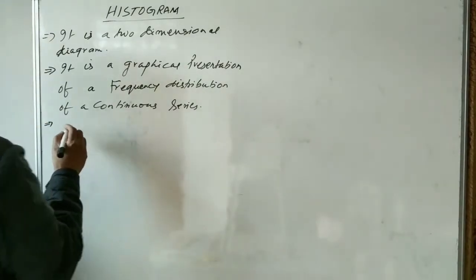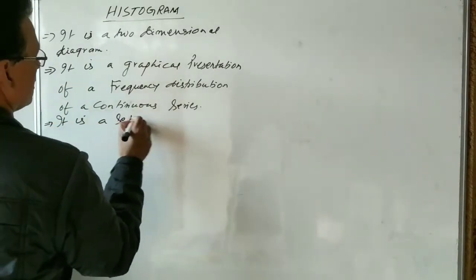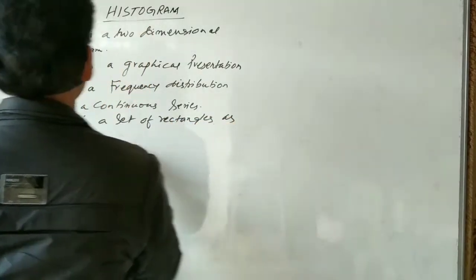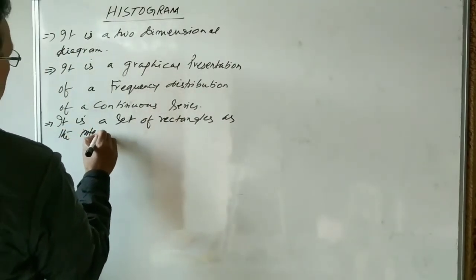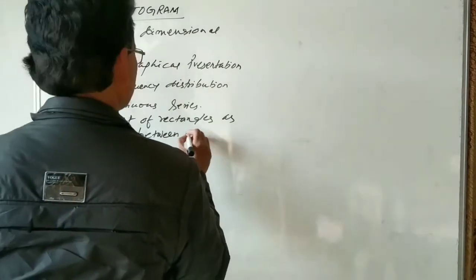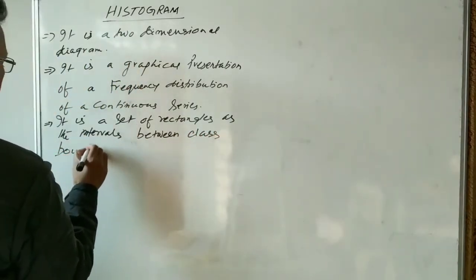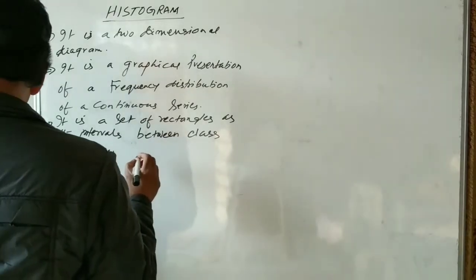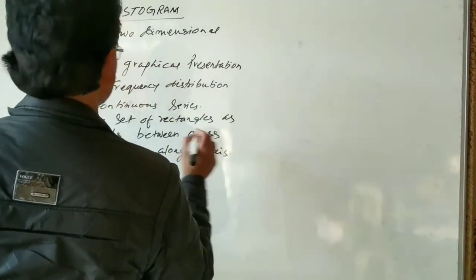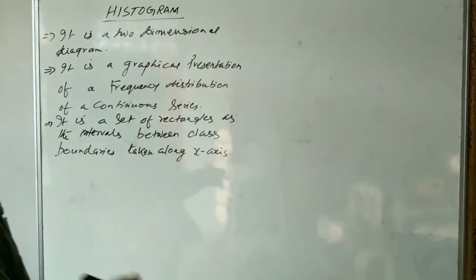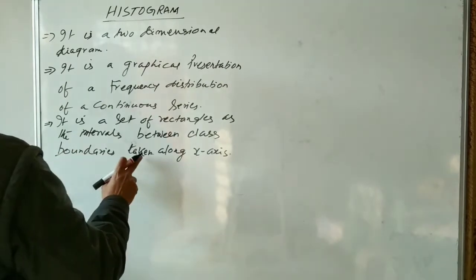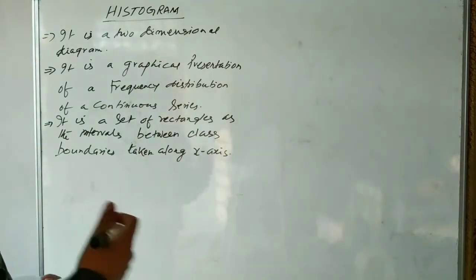So it is a set of rectangles, with the intervals between class boundaries taken along the x-axis. Histograms are in the form of rectangles, and class boundaries, lower limits and upper limits, are there.